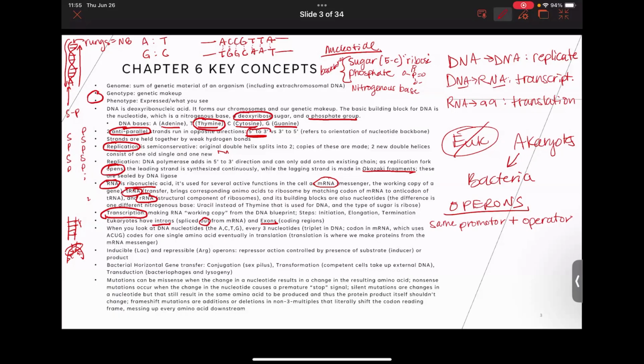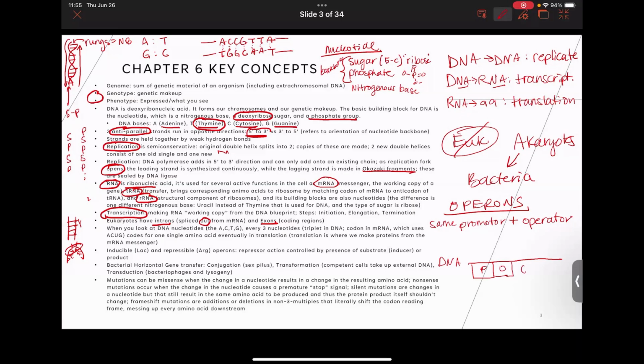So it works like this. You will have your DNA sequence, whatever it is, and you'll be getting ready to make your RNA. On your DNA, you will have your promoter region. This is where your RNA polymerase will bind and start adding the nucleotides for the RNA. Next to that promoter region, we have an operator.